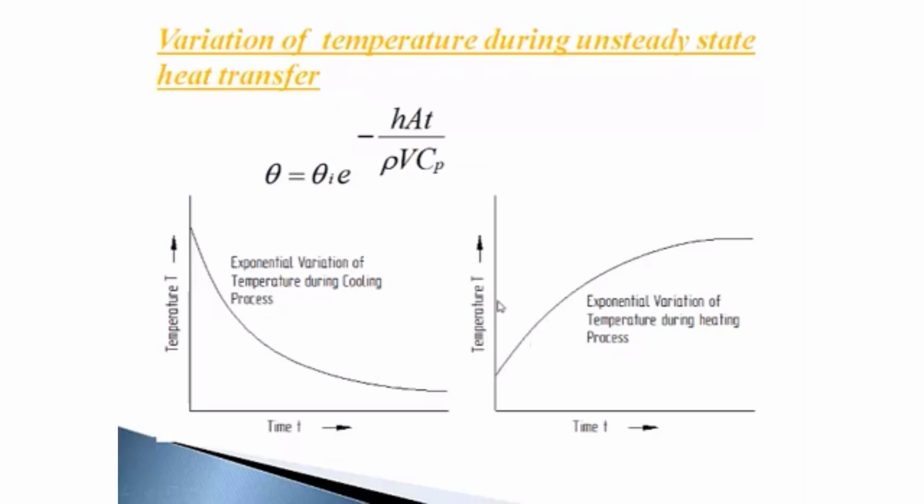That means the body receives more amount of heat in the initial stages, and as the temperature of the body rises, the heat transfer will decrease and the amount of heat received per unit time will go on decreasing, and finally it will attain the ambient temperature or surrounding temperature, and this curve will become horizontal. No more heat will be flowing into the body, and the system will reach steady state.